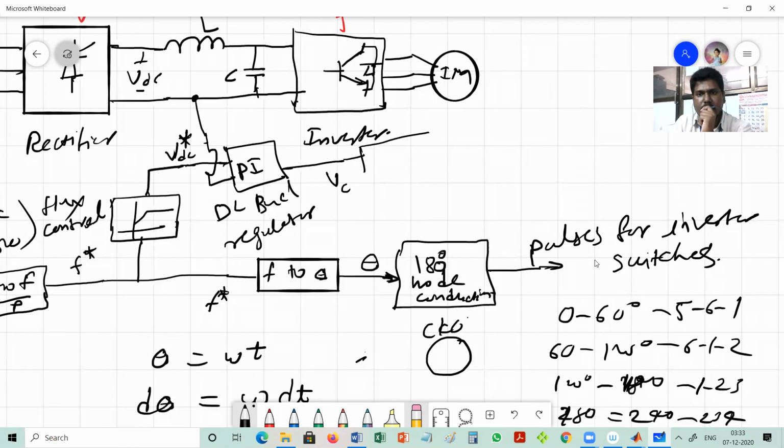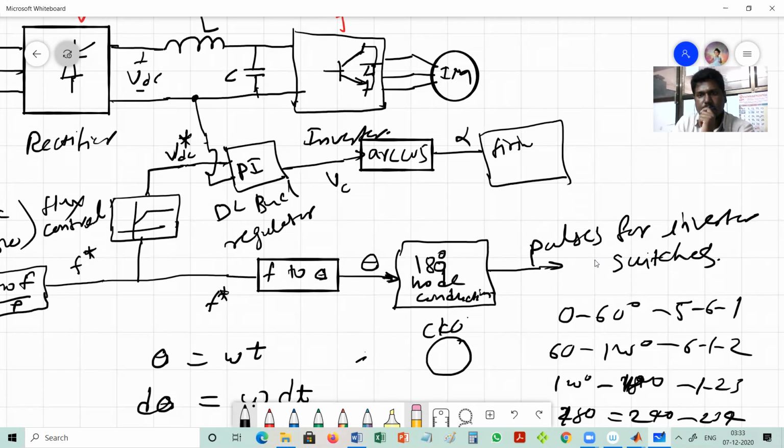It will generate a control voltage Vc star or Vc. It will be given to a cos inverse, or in terms of MATLAB it is known as arc cos. Cos inverse of Vc will give you alpha, and this alpha will be provided to the firing circuit.